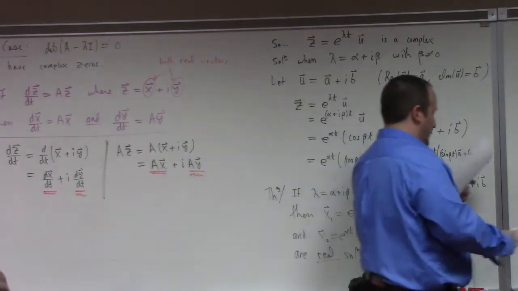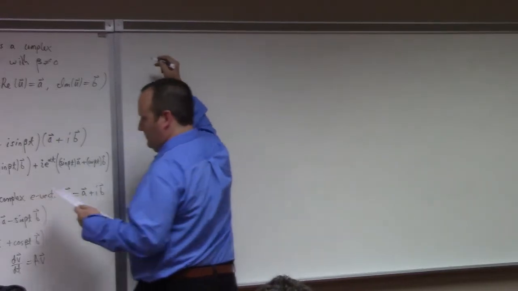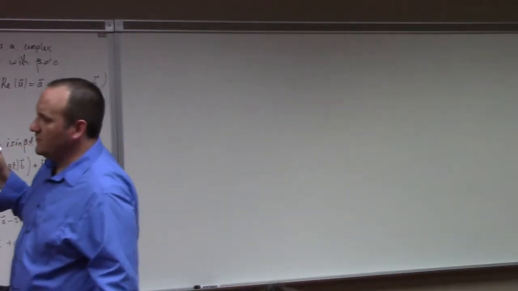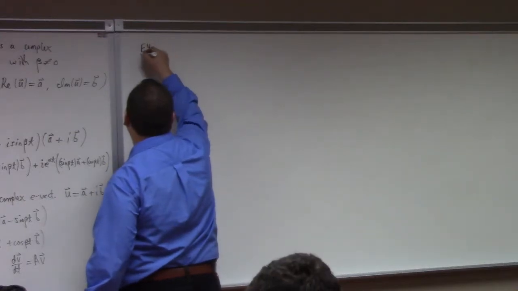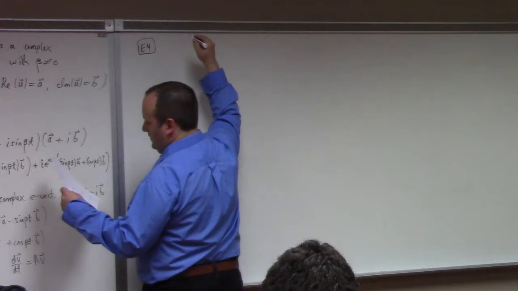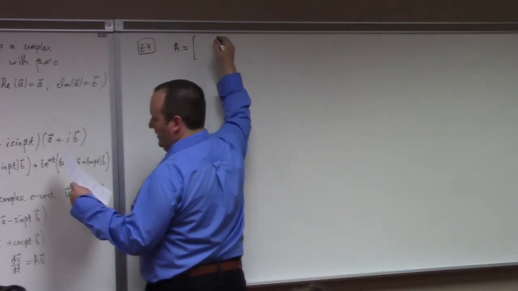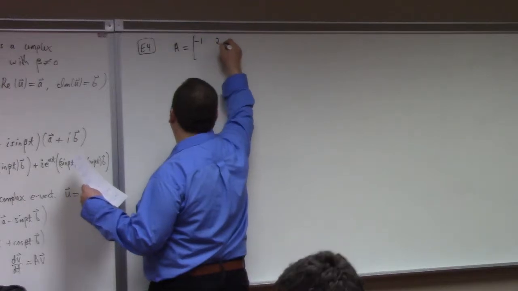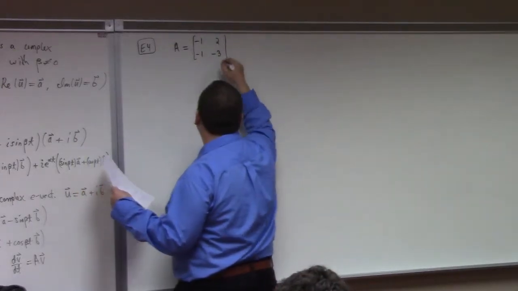All right. By the way, all these examples are from your book. Where was I? This is example 4, I think. All right, so we're taking the case A equals minus 1, 2, minus 1, minus 3.